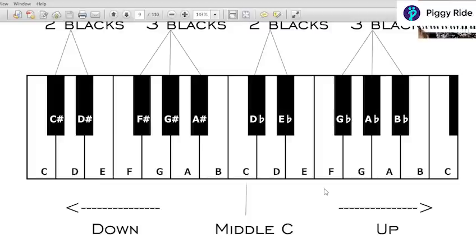In the next group of two black keys, the white key before it is C2, like this.